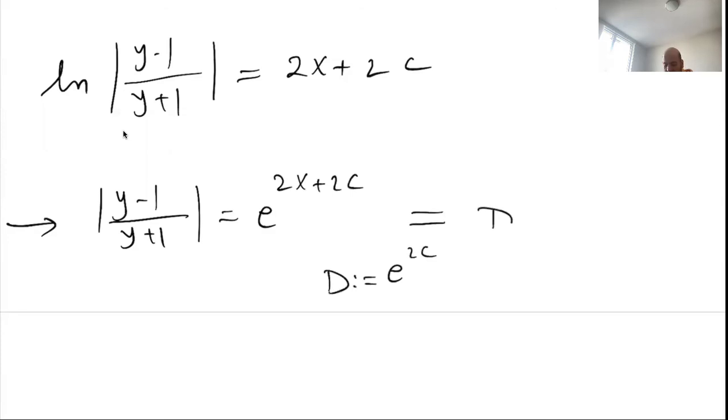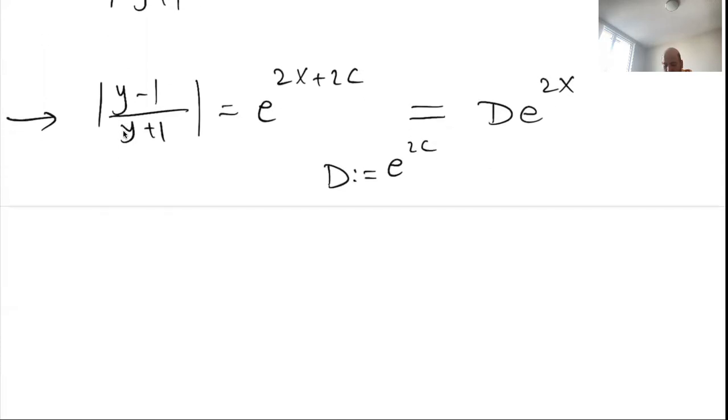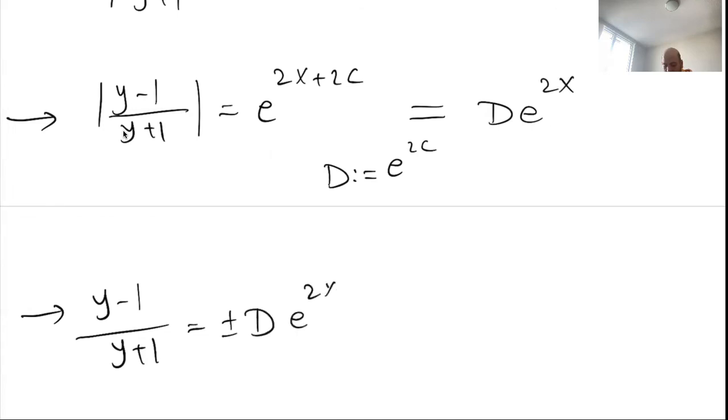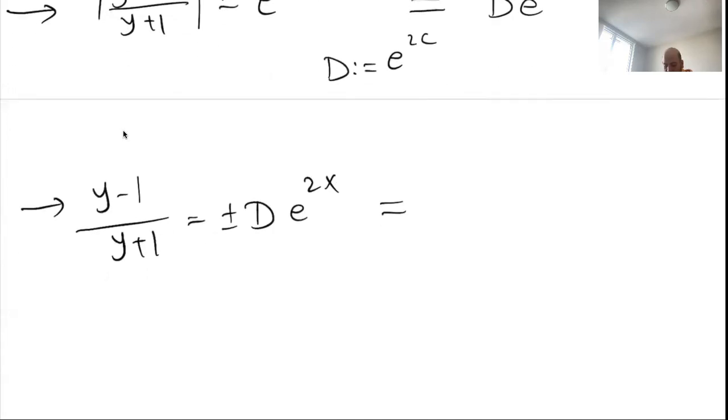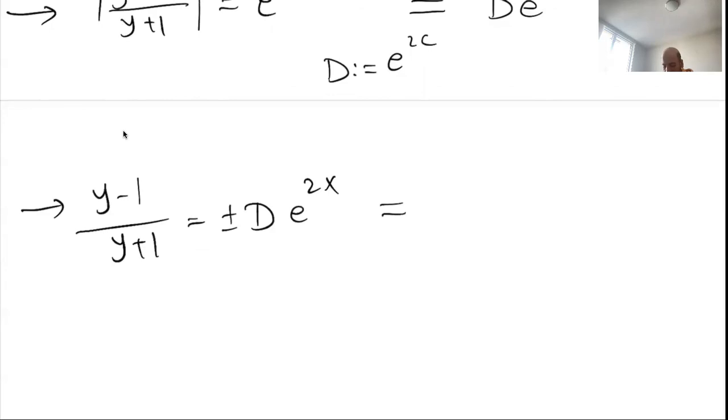So then it will be d e to power 2x. That means y minus 1 over y plus 1 equals plus minus d e to power 2x. Again, plus minus d, I can call it f. So f e to power 2x.